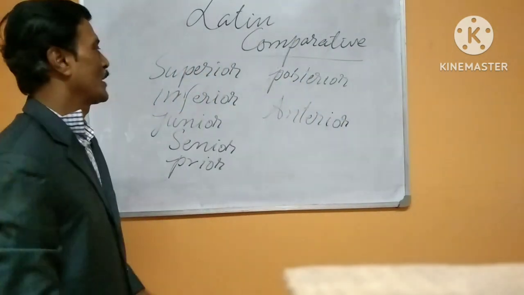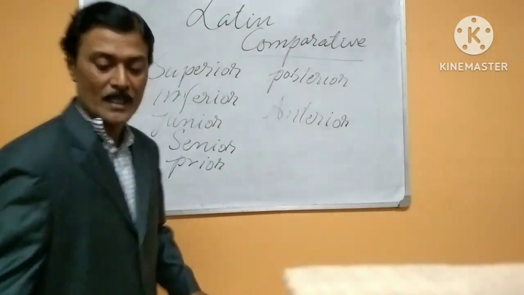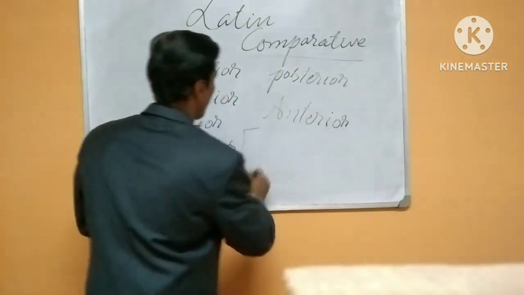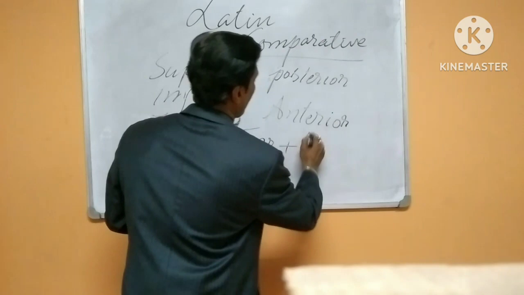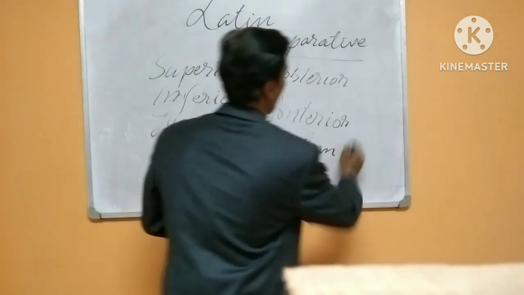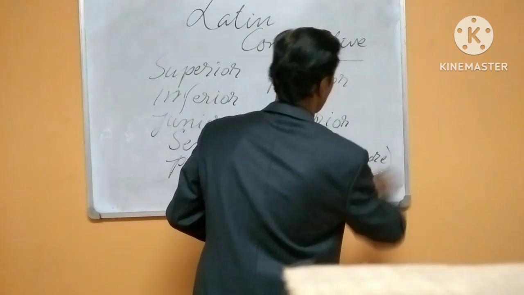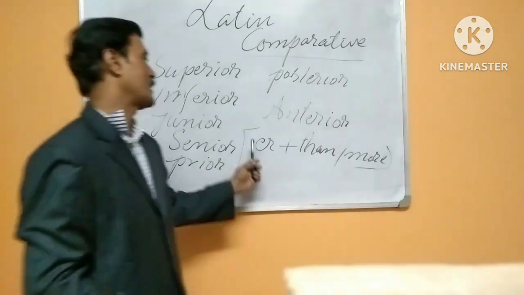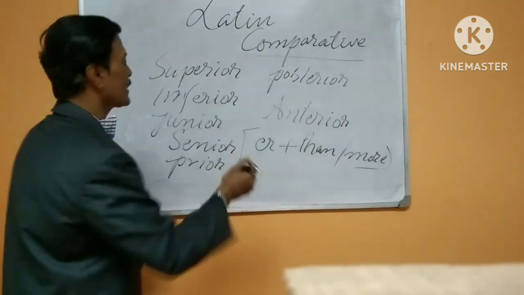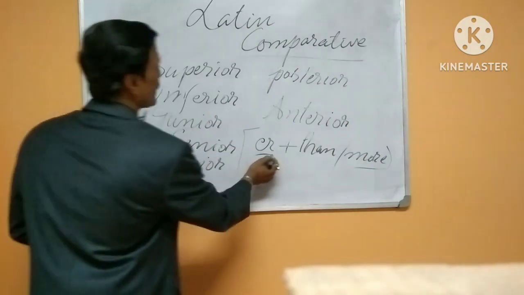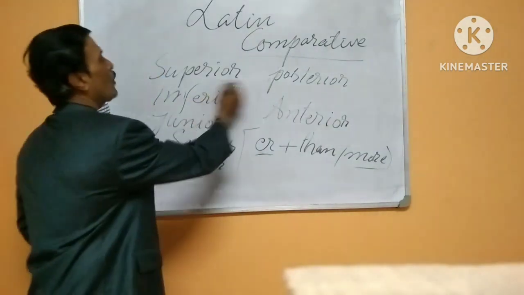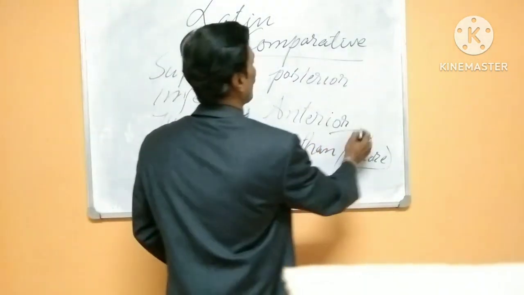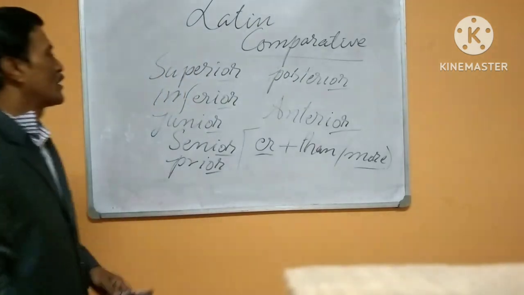We all know that whenever we make a comparative sentence, we definitely use the structure with more and than. The main focus here is than. But there is quite a change with Latin words.